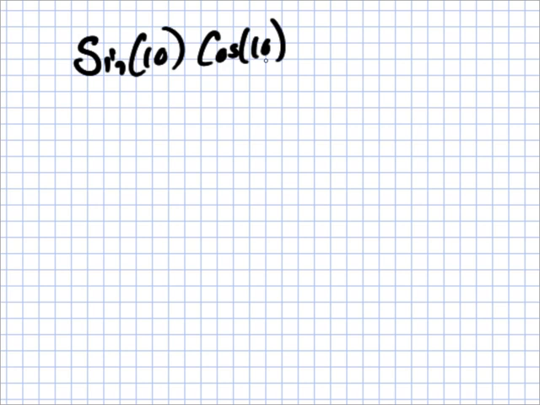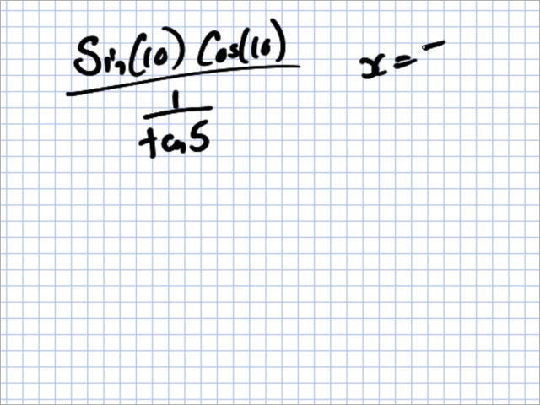So, sine 10, cos 10, cotan. Cotan is 1 over tan. I've used x equals 5, my favourite. So let's hit that in on the calculator.